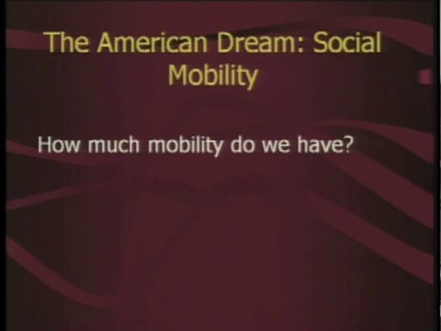Okay, let's go back to the notion that Max Weber said that there are three separate bases for stratification: power, property, prestige. If we had unlimited mobility, they would not cluster together necessarily.